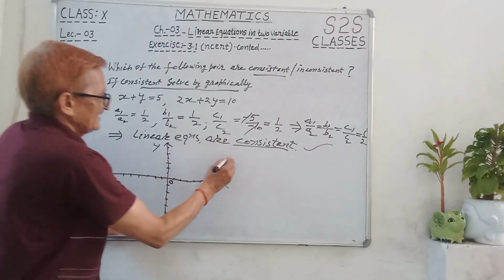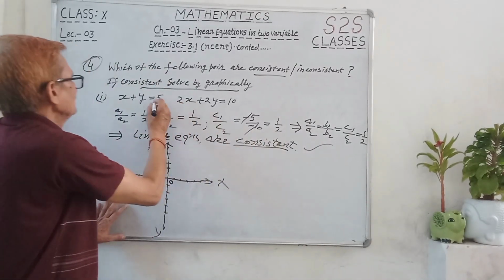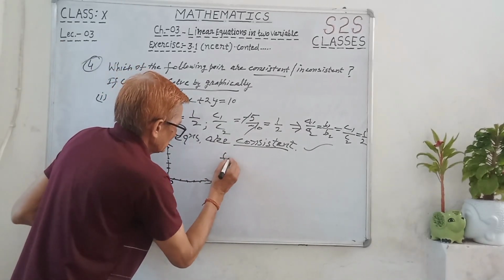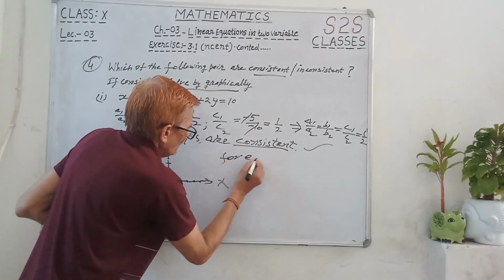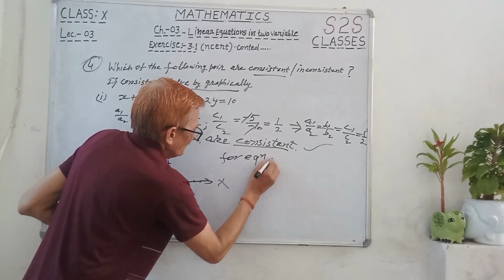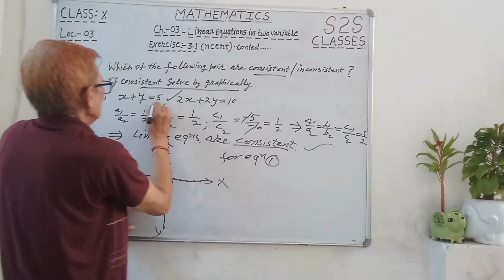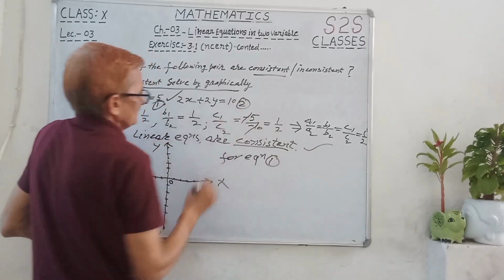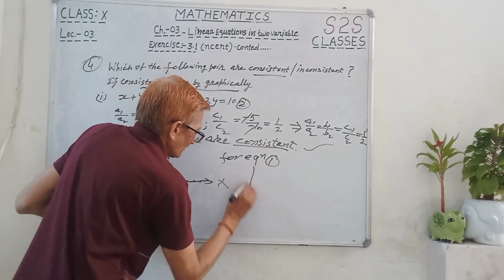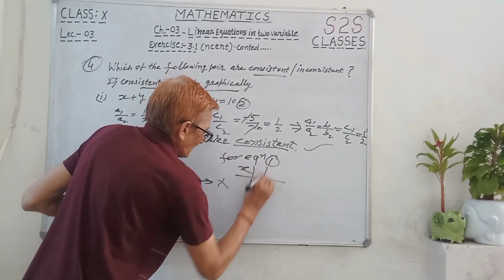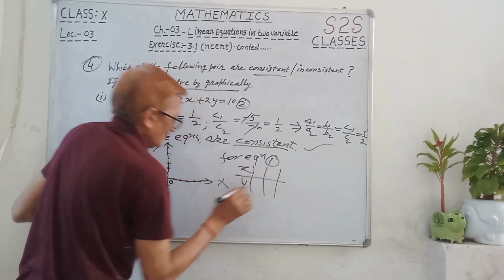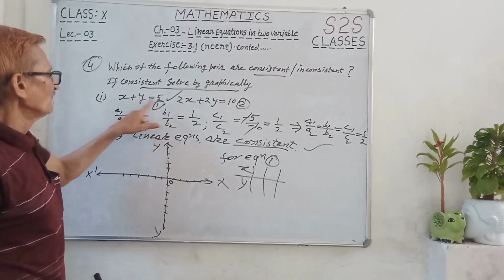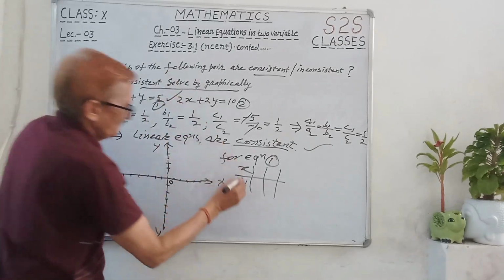Now we can take a table for the first equation, x plus y. For equation 1, take x value from your side and find y. Now x value is 1, y is 5 minus 1, 4.